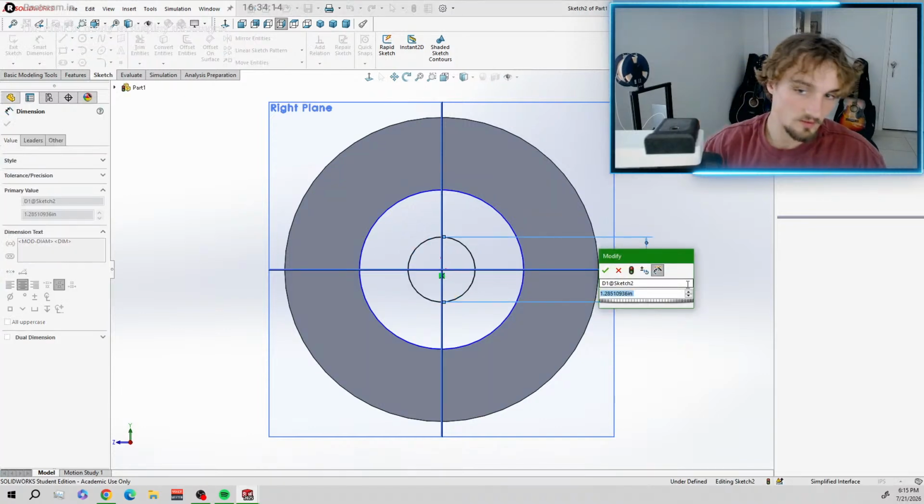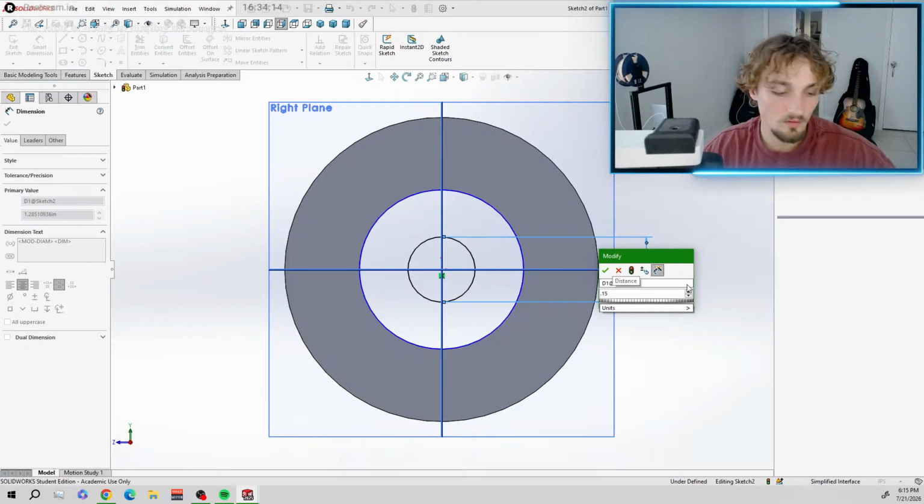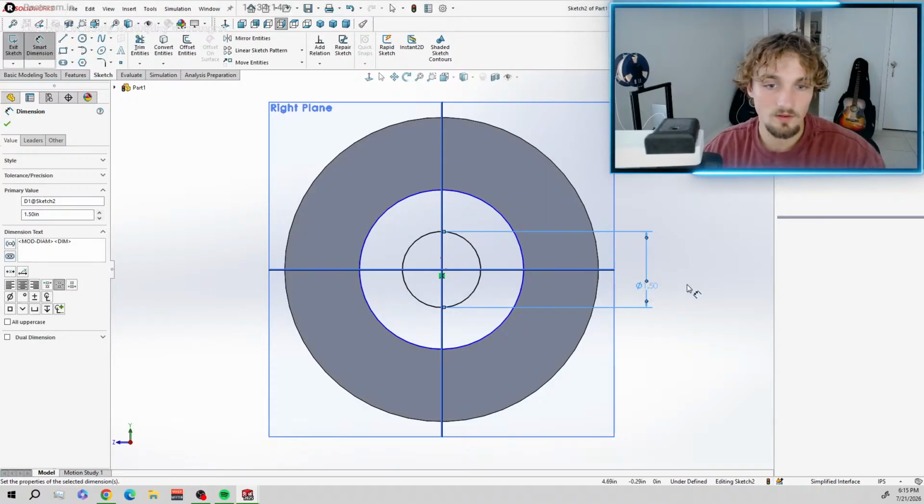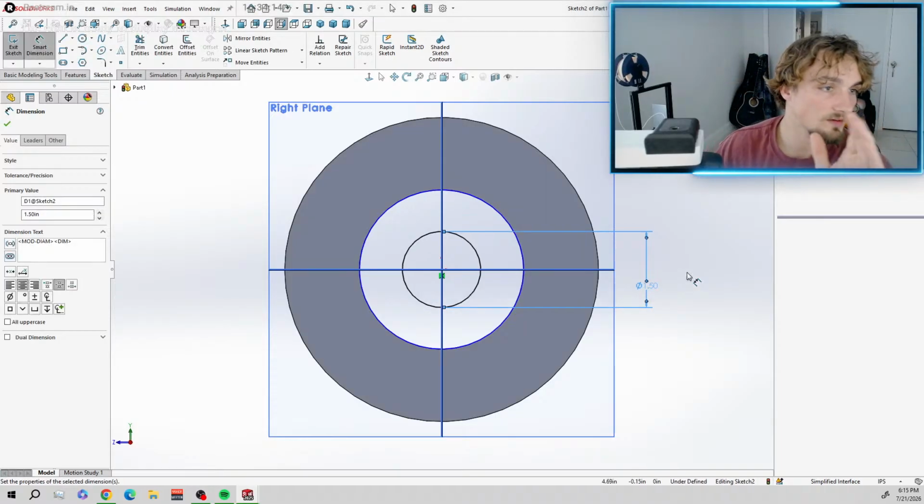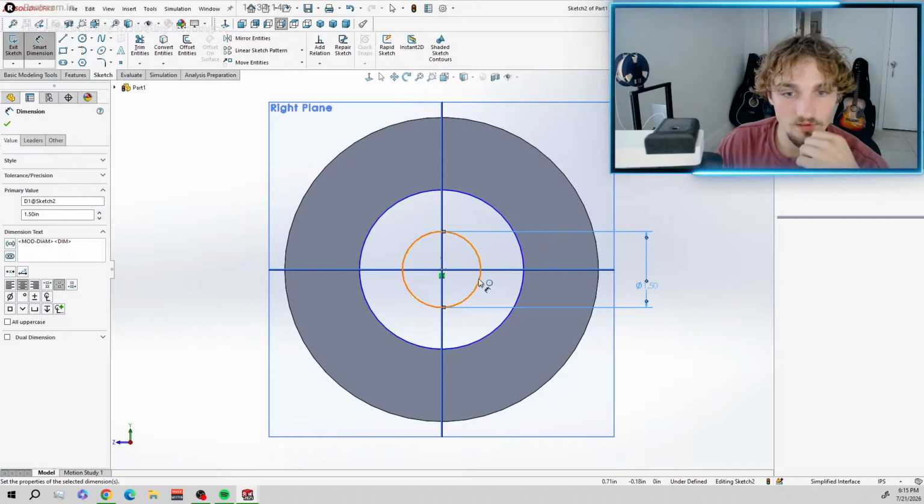Now is that literally just the center? Yeah, it would be. So 0.75, right? Wait, 1.5, and then we have the bearings inside of there, right? 0.75 size, inside diameter.